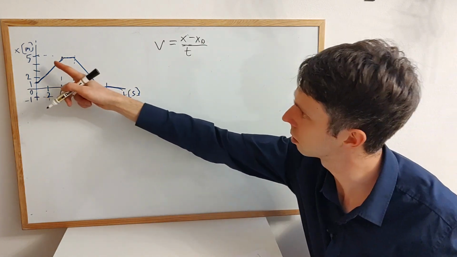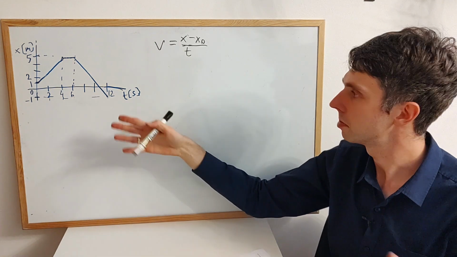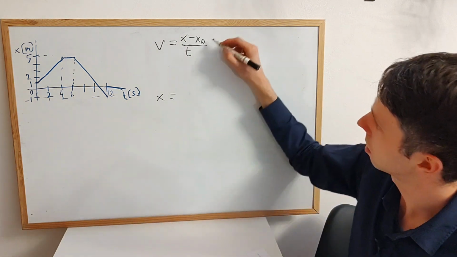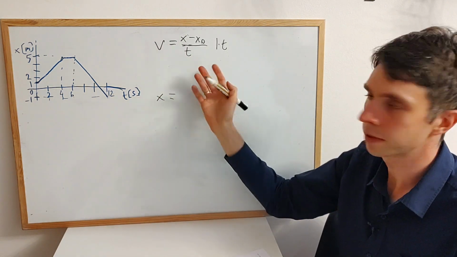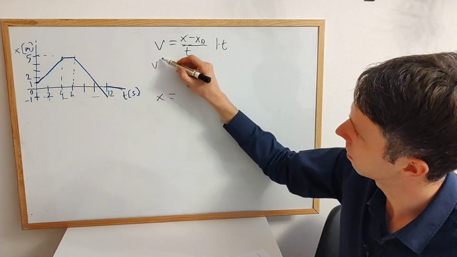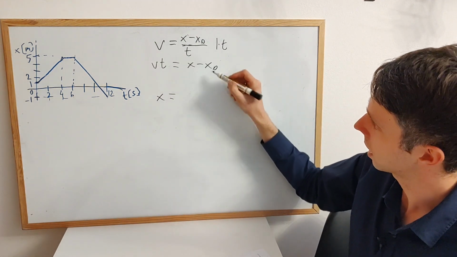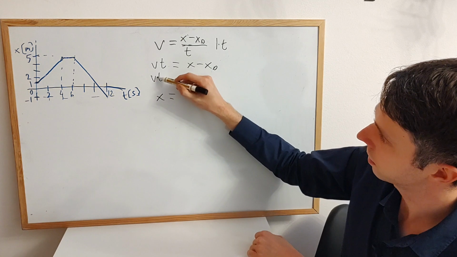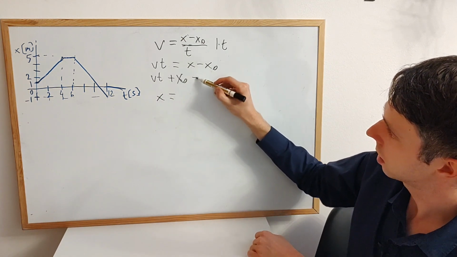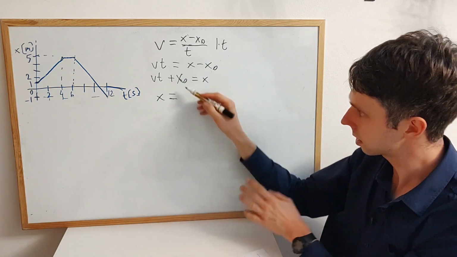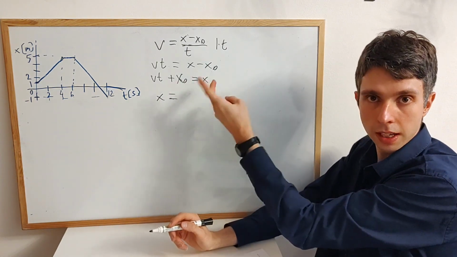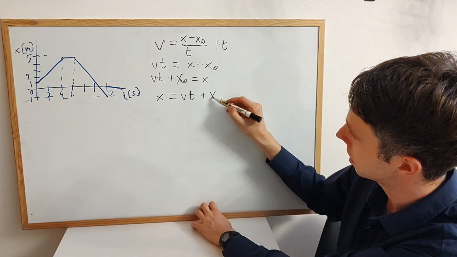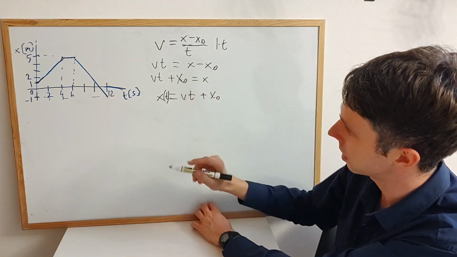Okay, and I want to have x in terms of t, so I want to have x equals something, so I multiply both sides of the equation by t, so I have vt equals x minus x0, and then I move x0 to the left, so I have vt plus x0 equals x. So x, if you just interchange the sides of the equation, x is vt plus x0. So this is x of t.